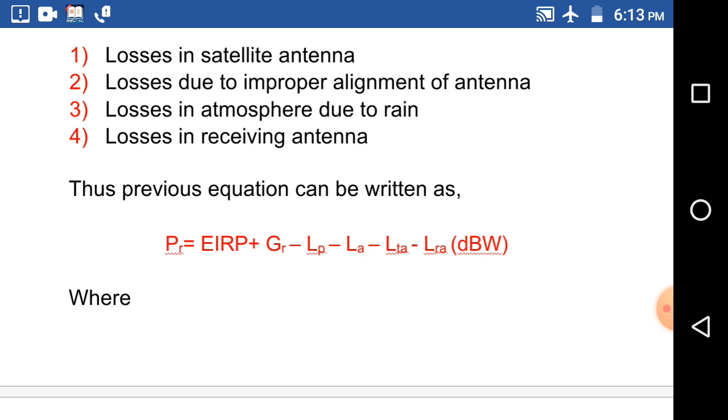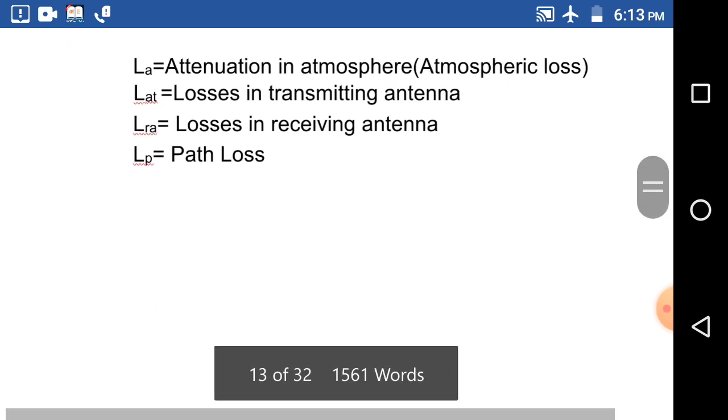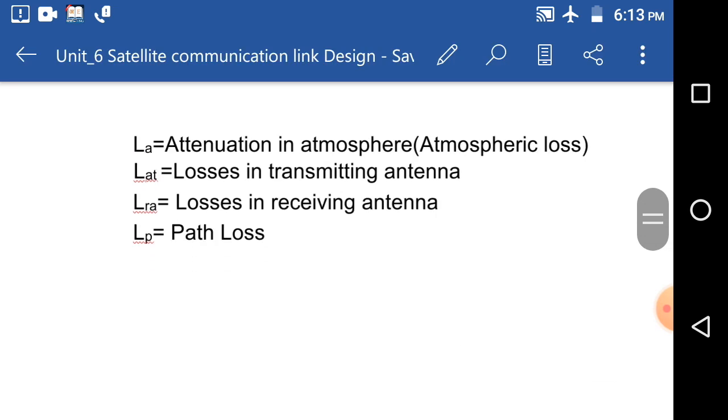But there are two antenna losses, one transmitting and one receiving, and one more parameter, that is LA, the atmospheric loss. So this is the final link equation between the uplink and downlink. You can see the notation for every loss.